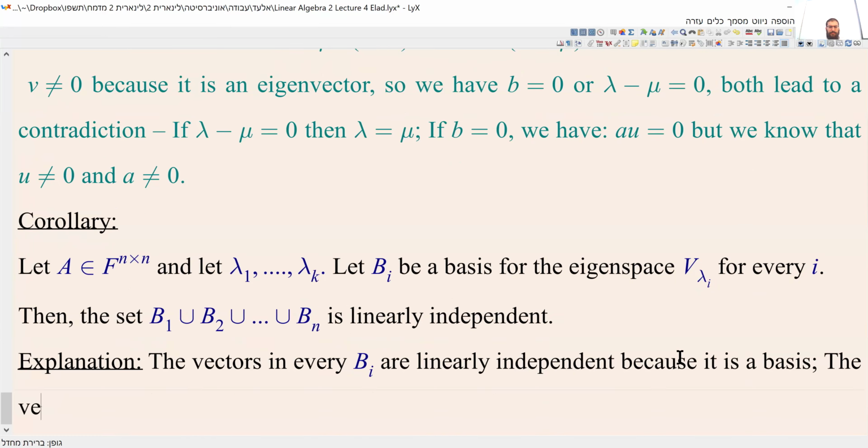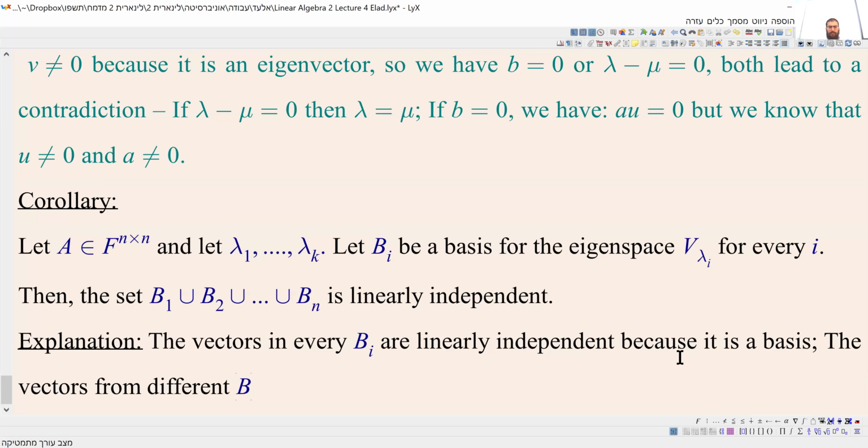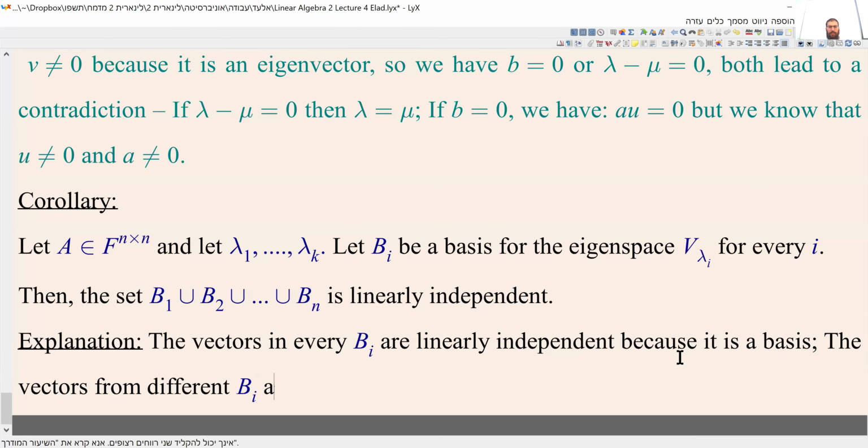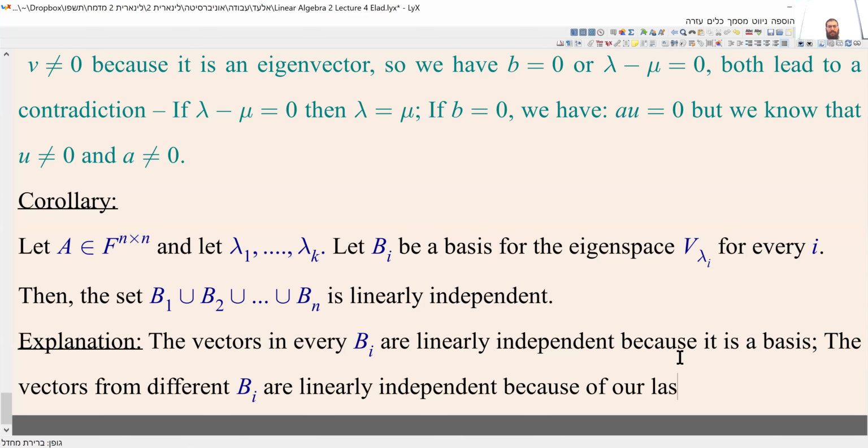The vectors from different Bi's bases are linearly independent because of our last proposition.